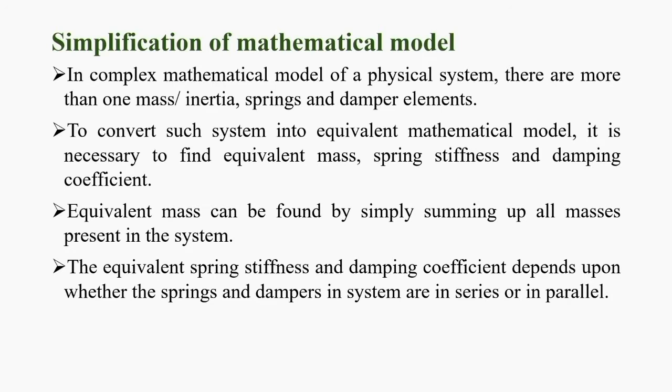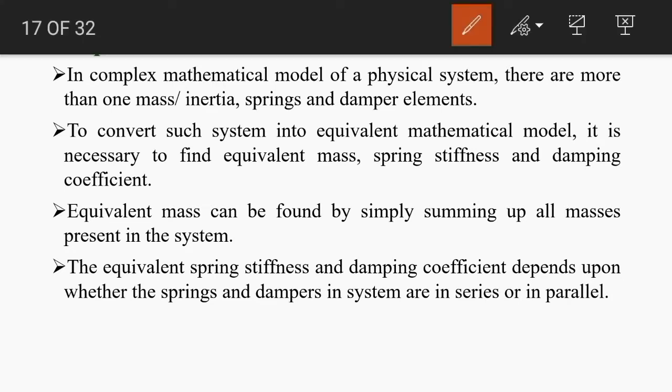Equivalent mass can be easily found by simply summing up all the masses present in the system, and by considering the whole mass concentrated at the center of gravity of the system.